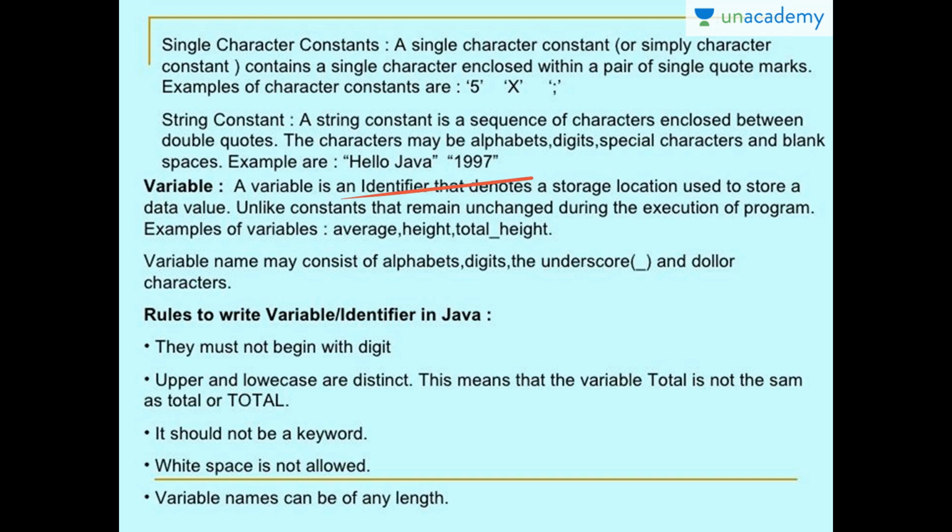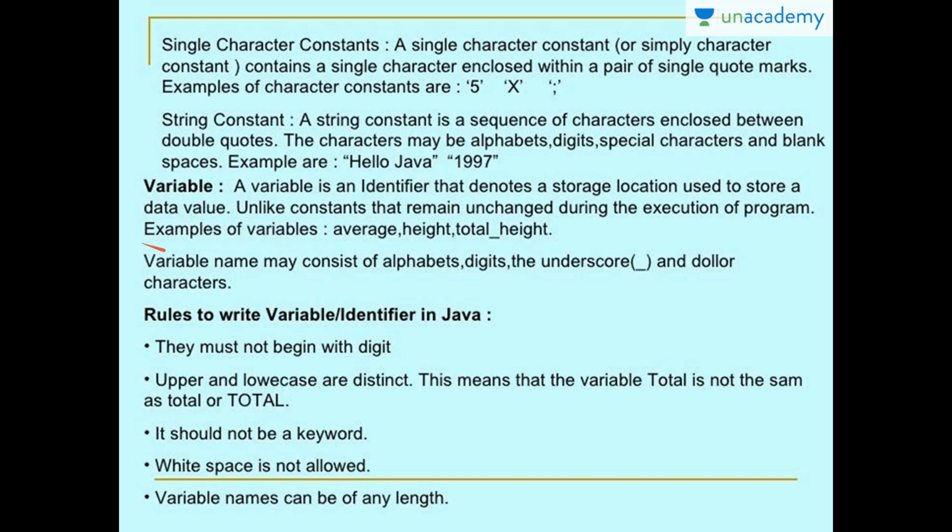Now next we come to the variables. A variable is an identifier that denotes a storage location used to store a data value. As I said earlier, an example is int a is equals to 10. Then 10 is the constant, and what is a? A is the variable over here, where we store some data in our memory.